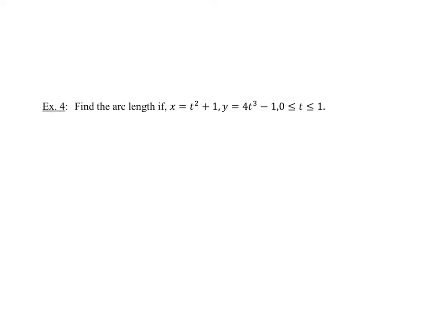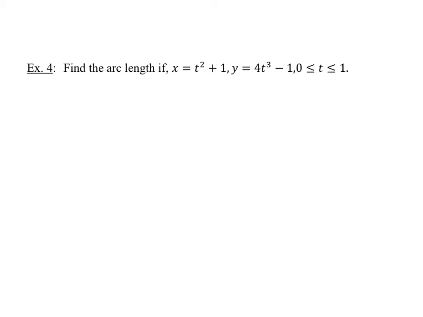So we're finding the arc length on the interval of 0 to 1. Sometimes it's helpful to create the graph to get a sense of what you're up against. But when I say create the graph, I mean pop it in your calculator, take a look at the picture. I'm not talking about a scaled drawing. Regardless of what you do first, ultimately you're going to have to figure out dy/dt.